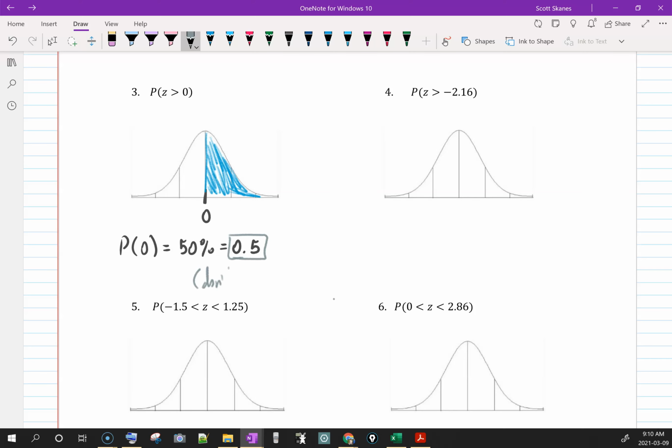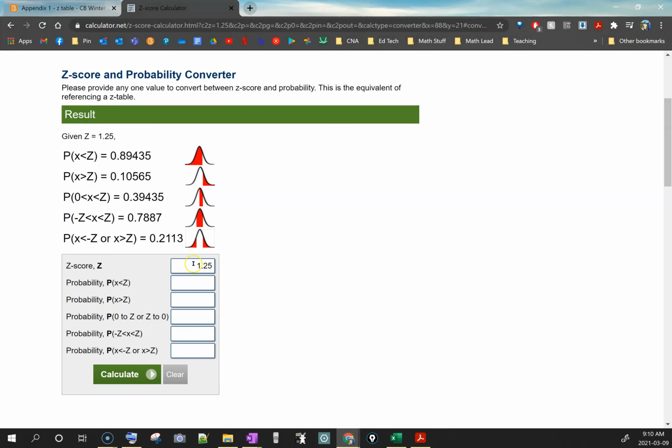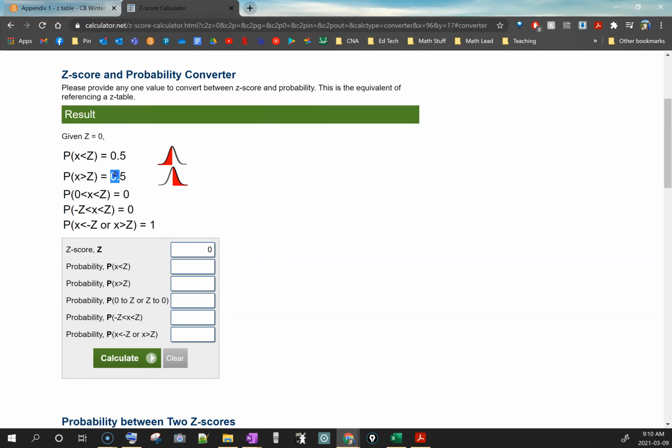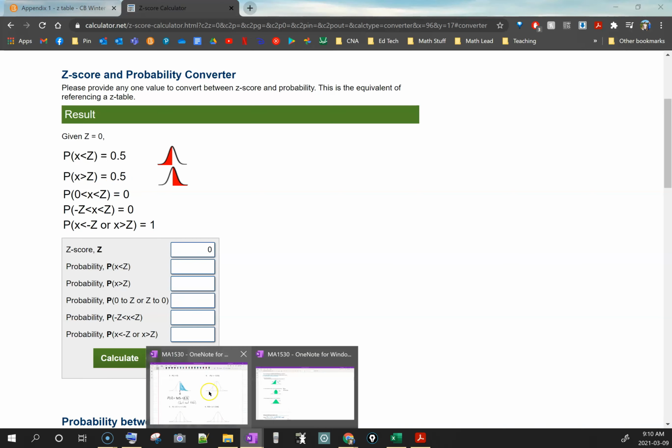You don't need a table for this. But if you want to use a calculator, all you need to do is put in 0. The probability of being above that point is 0.5. So that's all there is to it.